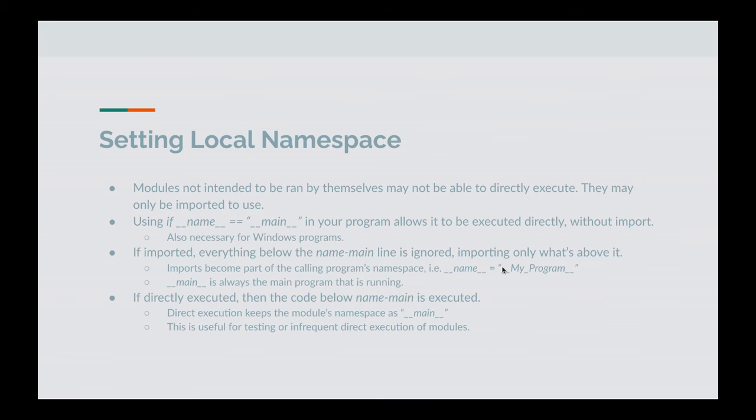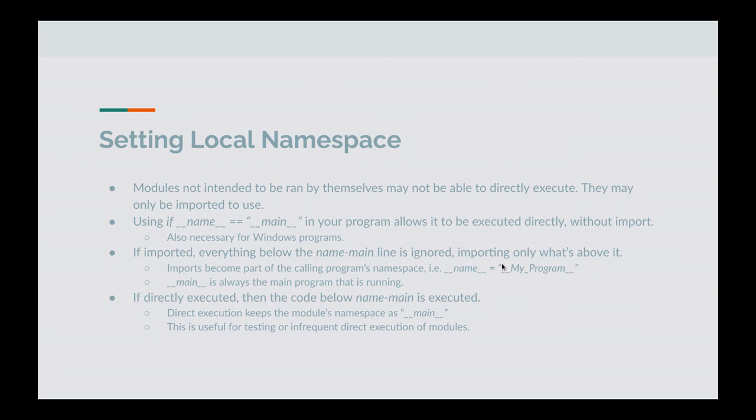So in this case, if I'm importing a module, then its namespace is no longer going to be main because it's not running. It's going to be the name of the program that's being run. That's not entirely accurate, but for these purposes, it's sufficient.